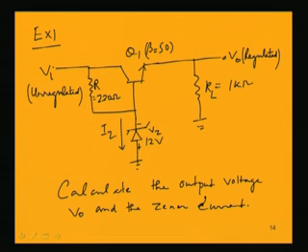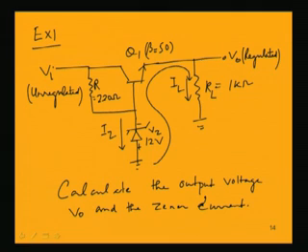You are asked to find out V0. Now V0 is the voltage across this resistance RL, which is the current IL into RL. IL into RL will be V0. How can we find out V0? V0 can be found simply if I apply Kirchhoff's voltage law in this loop.